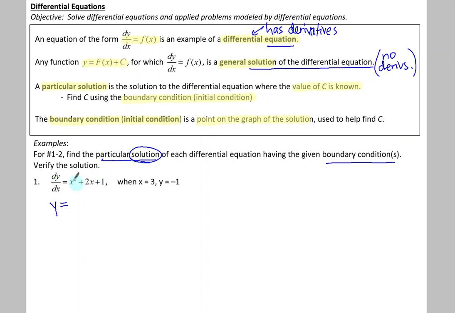Take the antiderivative of each of these terms one at a time. Remember that we add 1 to the exponent using our power rule, leaving some space in front. That makes x to the third, and then we multiply by the reciprocal of the new exponent, 1/3. Plus, 2 is a constant multiple. It hangs out in front. Leave some space.